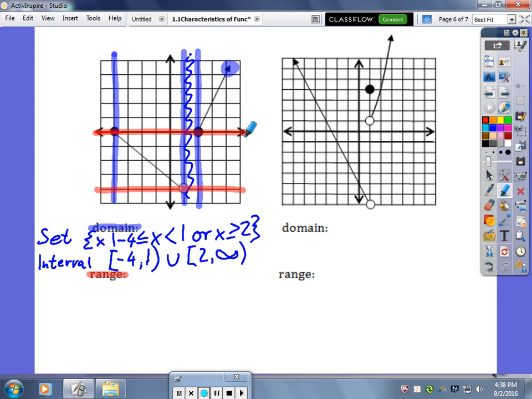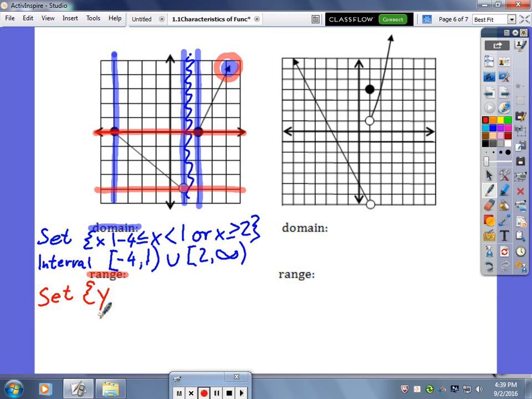This point is part of the range, and at the same point the second curve starts, which then continues to go all the way up to positive infinity. And that means that we actually do not have a gap in this range. It's a continuous range, and we can describe it the way that we have been describing these in set notation.